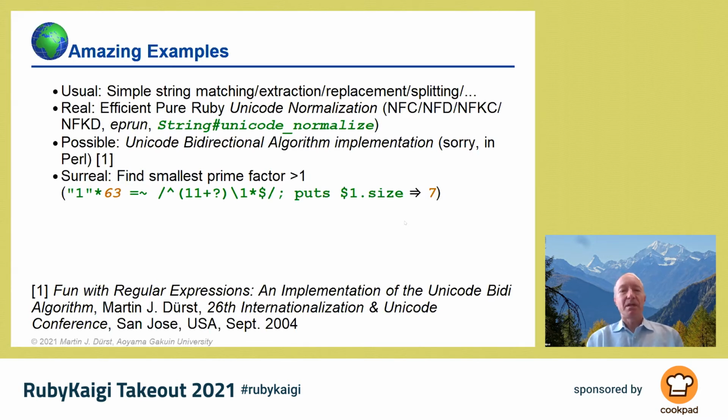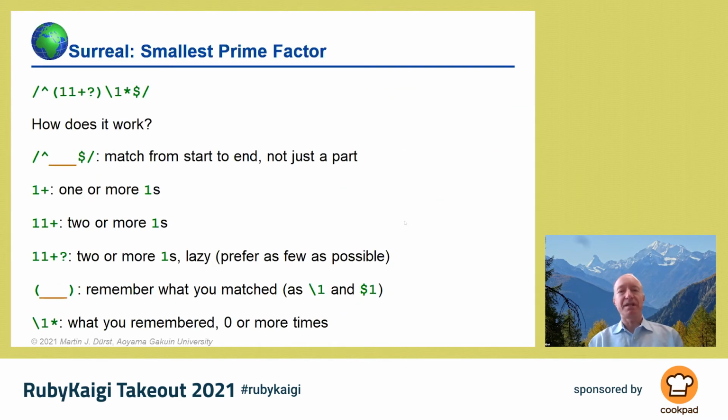Okay, let's go to the next slide. Let's look at this in more detail. How does it work? First of all, the caret and the dollar make sure that we match the whole string and not only part of it. Or at least the whole line, but in this case, the line and the string are the same. Then the 1+ here means one or more ones.